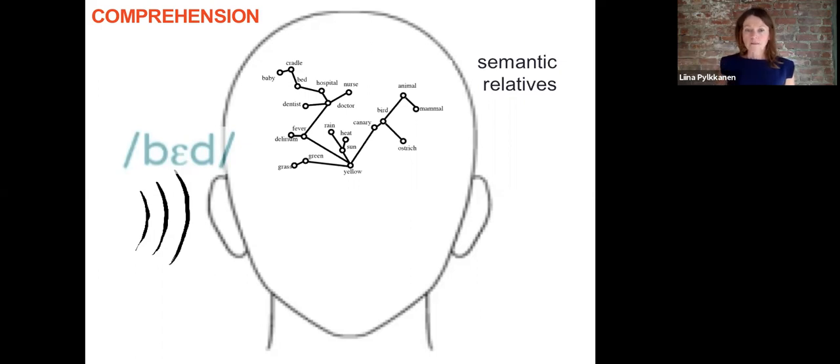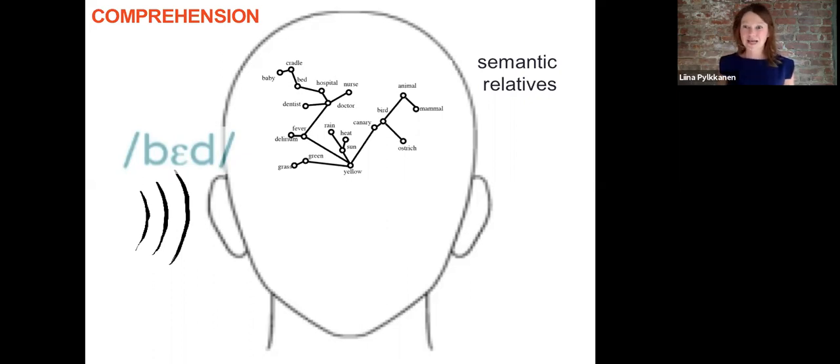From bed, you would get spreading activation to cradle, baby, hospital, maybe then doctor, and so forth. So this is showing you a continuous semantic network that obviously, the further you get away from what I'm calling the target item here, the less activation you would get. But all these semantic representations are also connected.